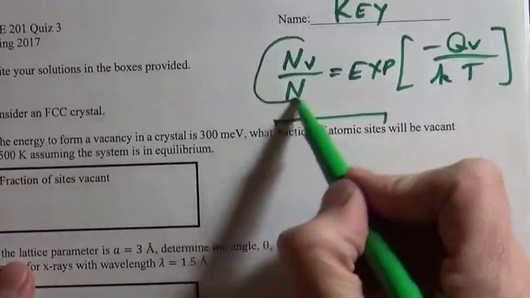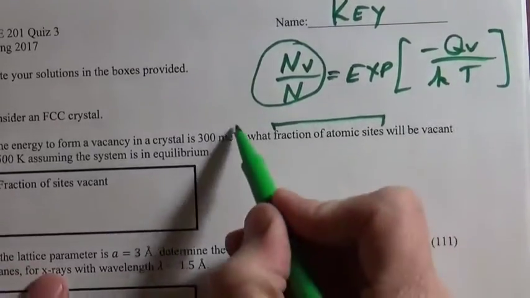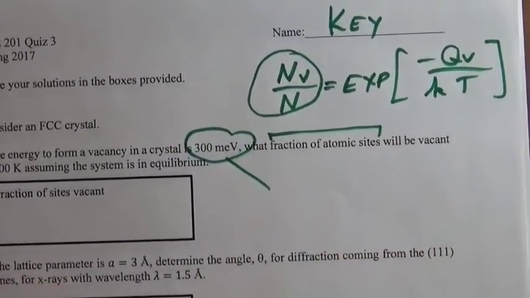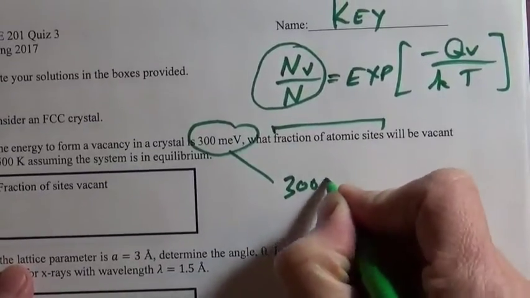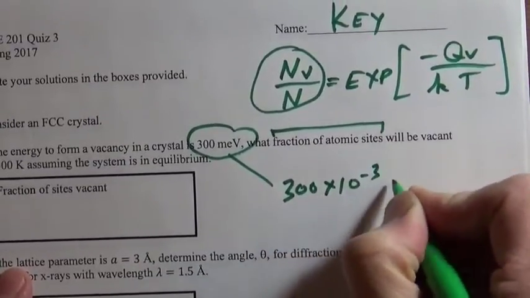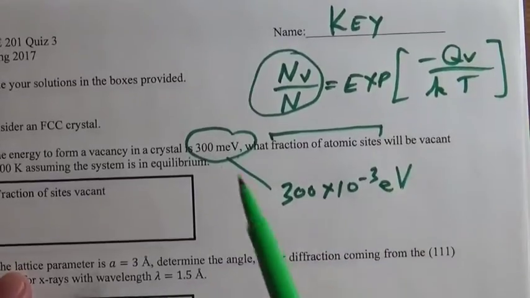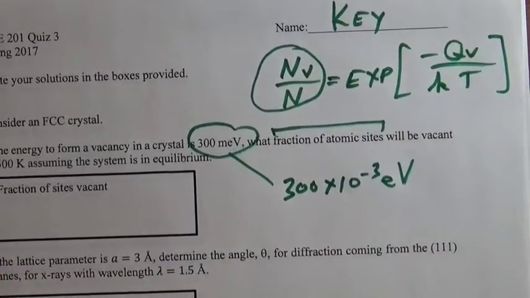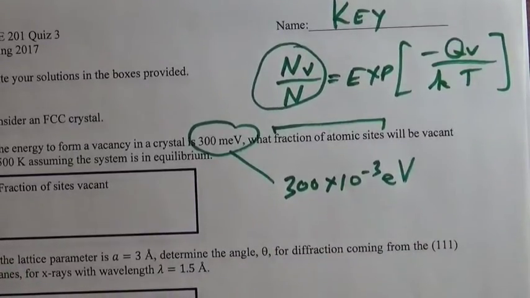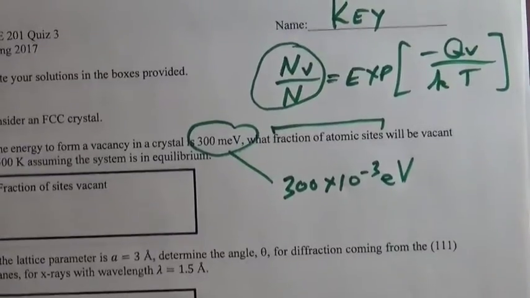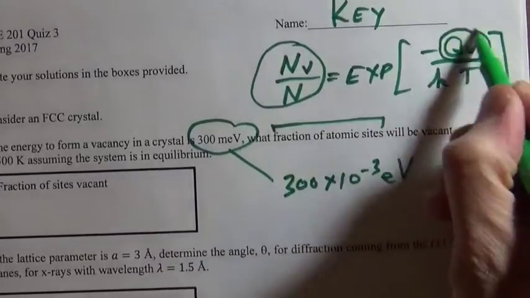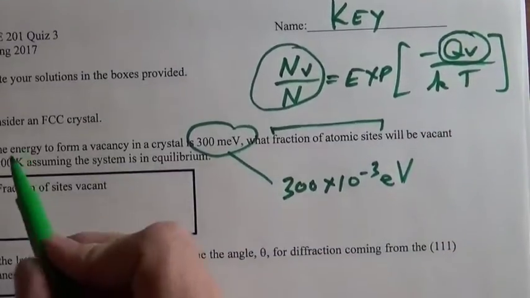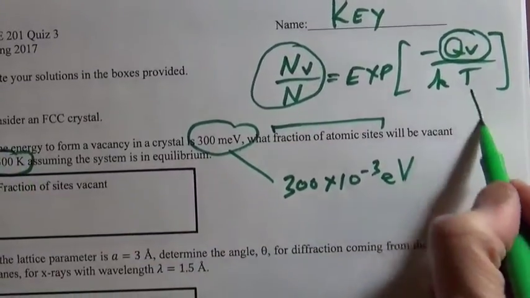We're solving for this. We have Qv, and that's in millielectron volt. So that's 300 times 10 to the minus 3 electron volt, where milli is the same as millimeter, 1 times 10 to the minus 3 meter, 1 times 10 to the minus 3 electron volt. So that is going to go in for Q. T is in Kelvin, right?